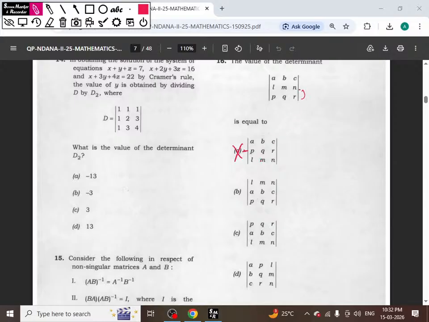If these two are changed, then a minus sign is required. So LMN is below, minus sign, PQR is above, and ABC is okay. Wait a second. ABC went down, minus sign. LMN went down, minus sign, and PQR went down, minus minus plus. So option number C looks correct. Kind of. Yes or no?